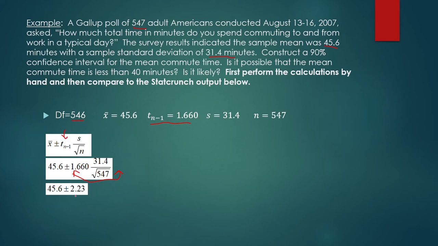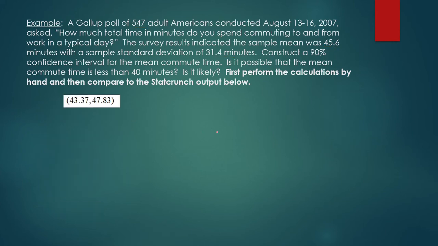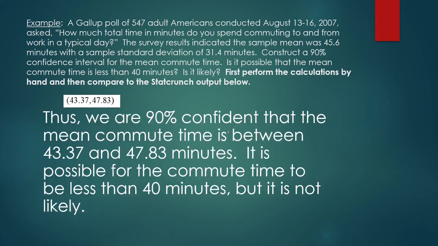And that reduces to 2.23. We have to do the subtraction between the two numbers first, and then we'll do the addition. And this gives us a confidence interval of 43.37 to 47.83. Now the units for this is minutes, so we will be able to construct our sentence.